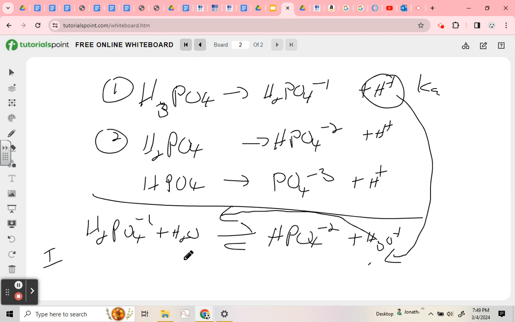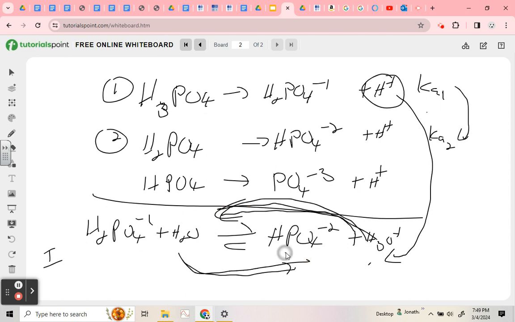This reaction was barely going to the right in the first place, and now because the first reaction gives us more H⁺ ions, the second reaction, which was very little anyway, since Ka1 is much, much, much bigger than Ka2, barely is going to go to the right. And now with the H3O⁺ pushing it to the left, the reaction that goes to the right is very small.